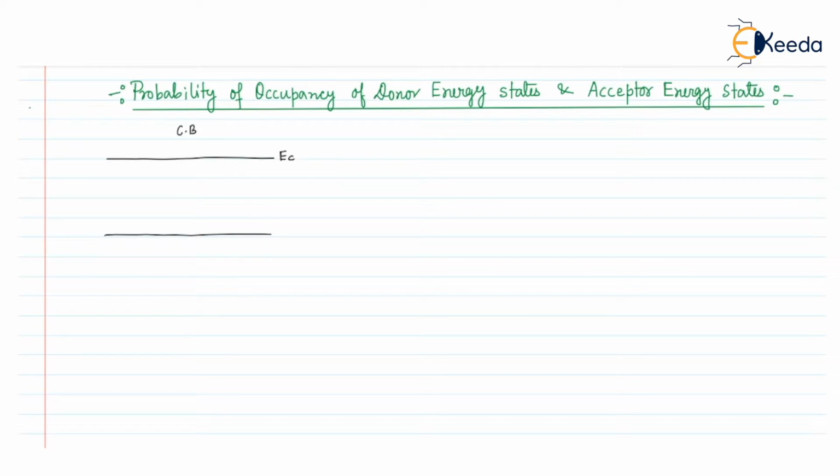This will be EV, the maximum energy state of the valence band, and this is the energy gap of the semiconductor, EG. For an intrinsic semiconductor, the Fermi level will be near the middle of the band gap.